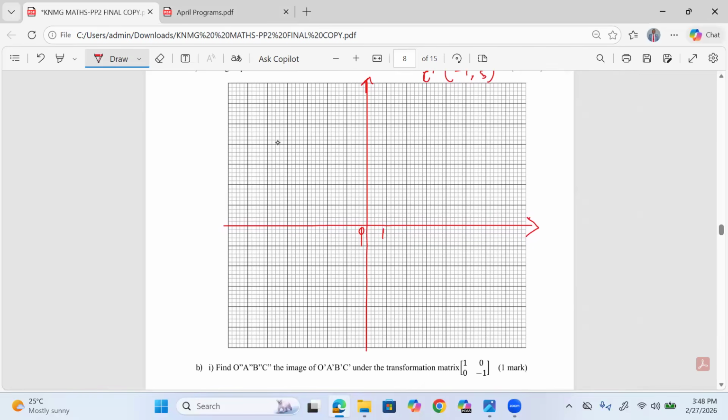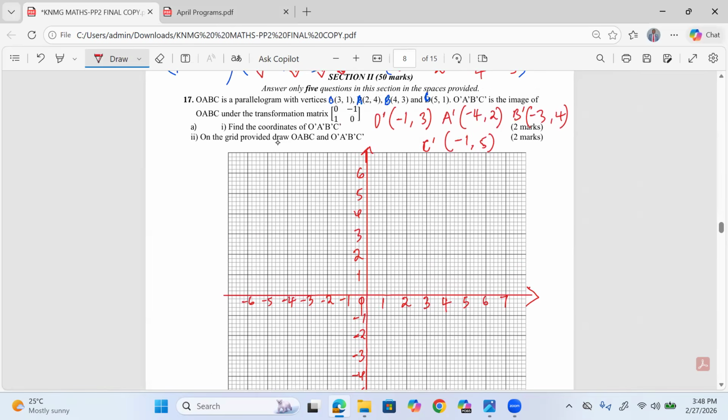We have 1, 2, 3, 4, 5, 6, 7, and -1, -2, -3, -4, -5, -6.